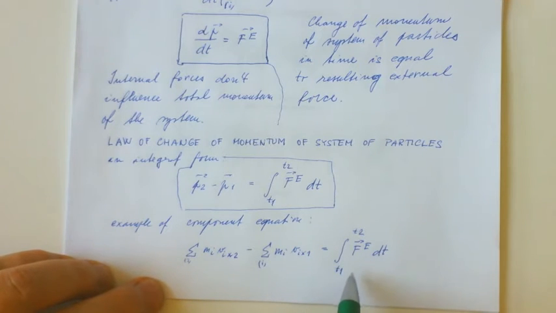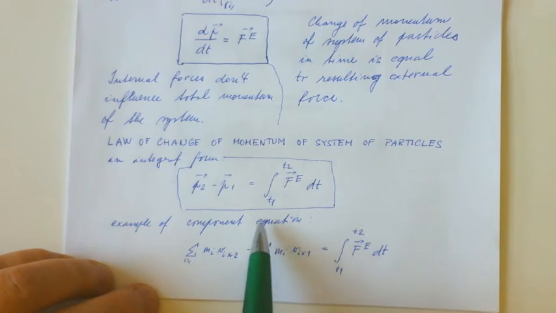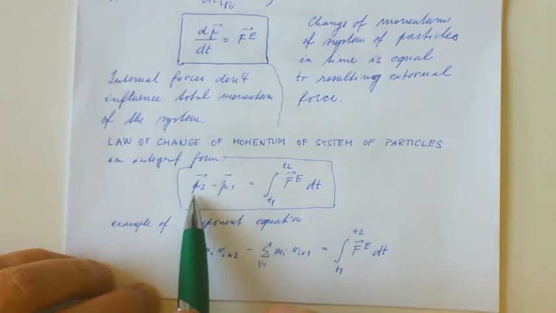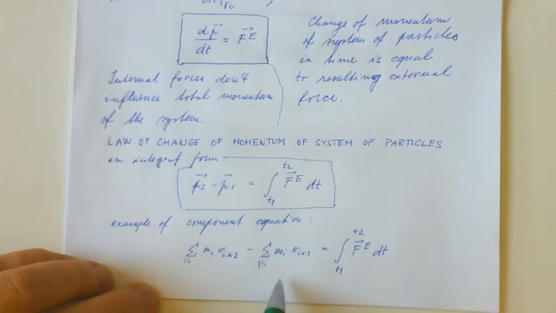So this is an example of how to rewrite this vector equation into a component equation.